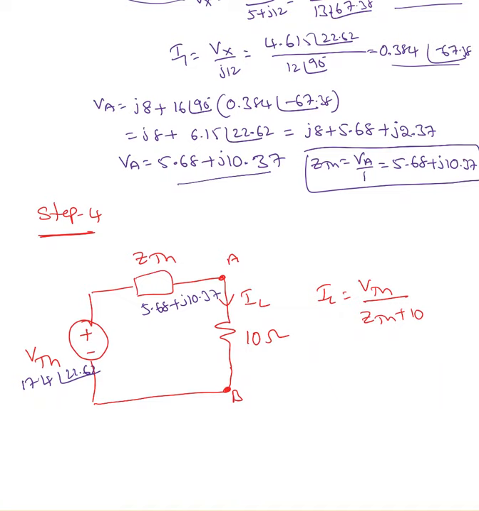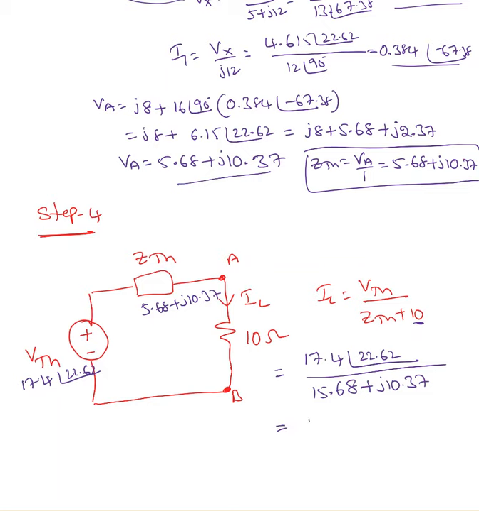Okay, now our goal is finding IL. IL is nothing but V Thevenin over Z Thevenin plus 10 ohms. V Thevenin is 17.4 at an angle of 22.62. Z Thevenin is 5.68 plus J10.37, and you're going to add another 10, so 15.68 plus J10.37.